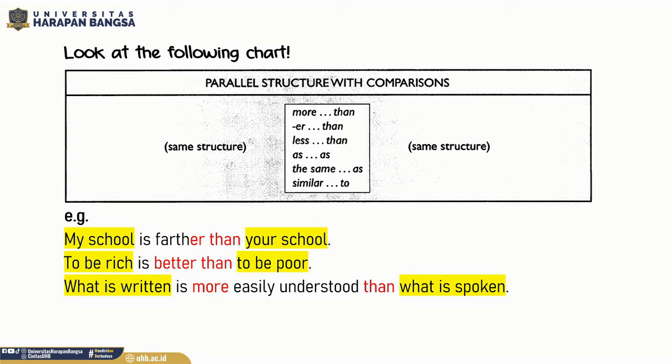The comparison is "more than". The next, your car is less expensive than my car. The same structure, your car and my car. And the comparison used is "less than".